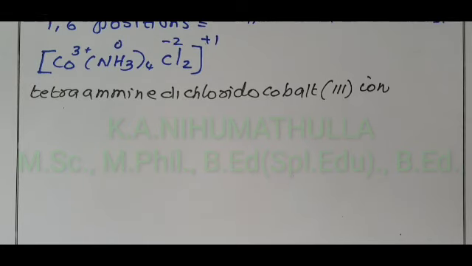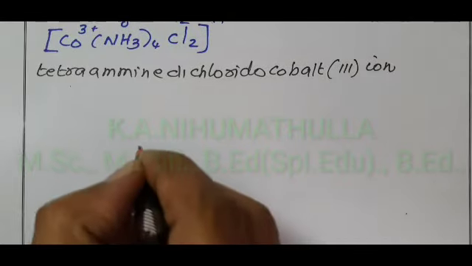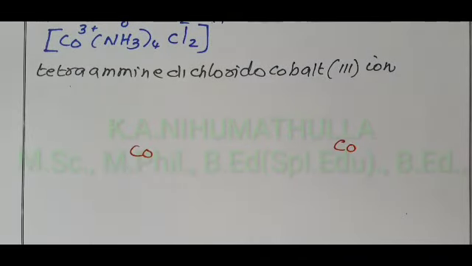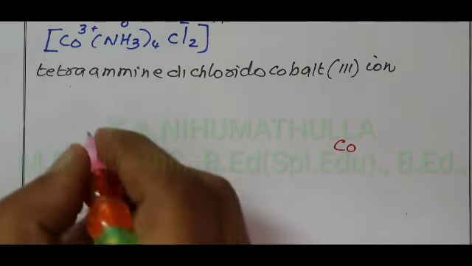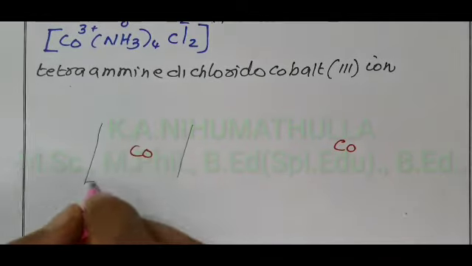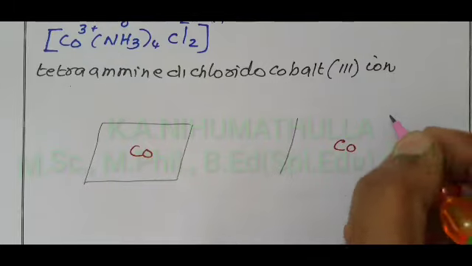Now I am going to draw the structure of this complex. Cobalt at the center; cis and trans we have to draw. The corners of the square are occupied by 4 ligands. This is a square.